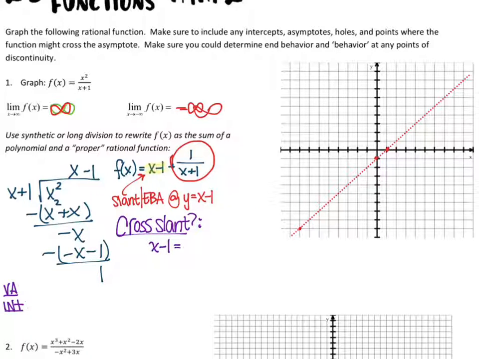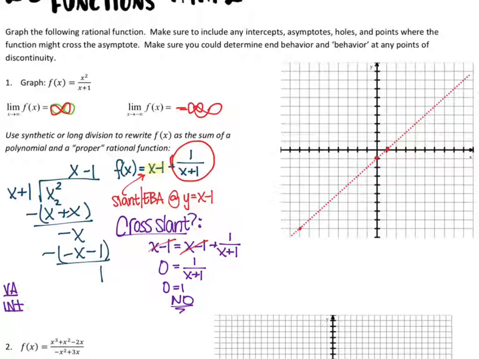If I set it equal to this fraction plus our slant form, and I start to simplify, I can cross out those x minus 1s, I get 0 equals our fraction, really quick to solve. Multiply by the denominator, 0 equals 1, so for us, that means we're not crossing the slant.